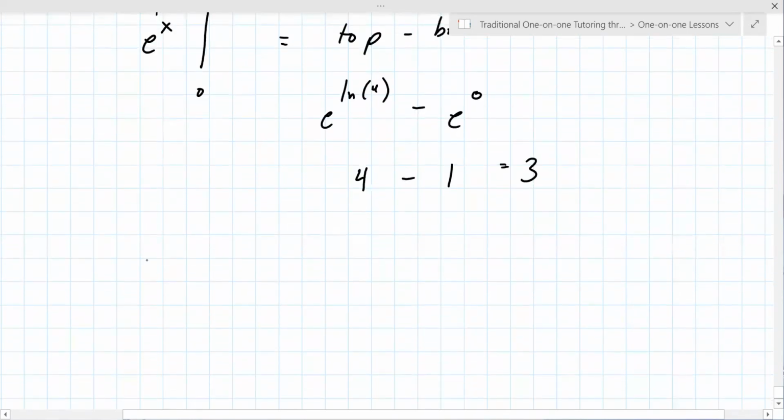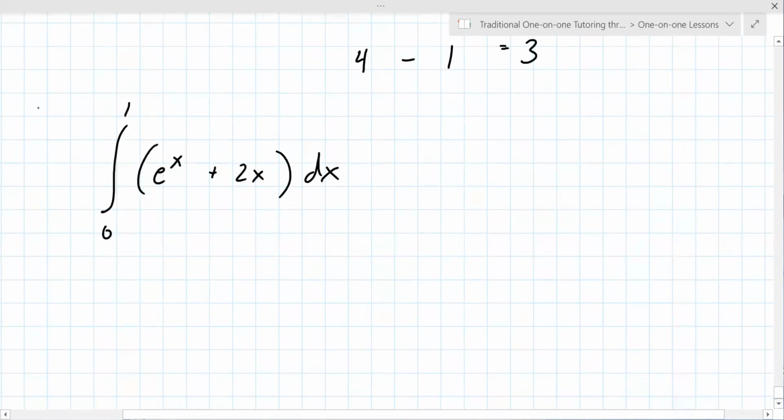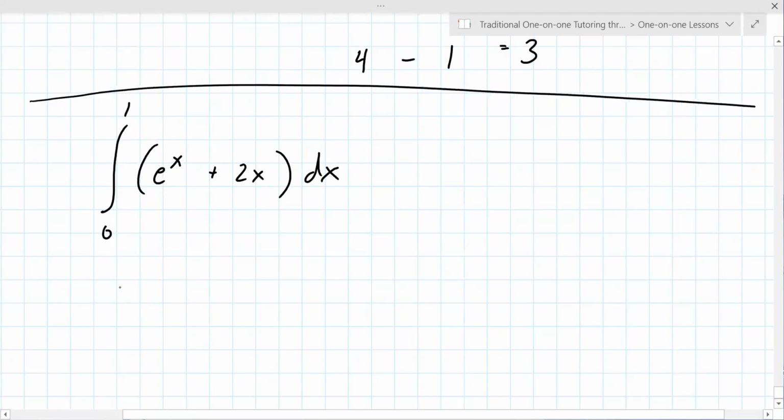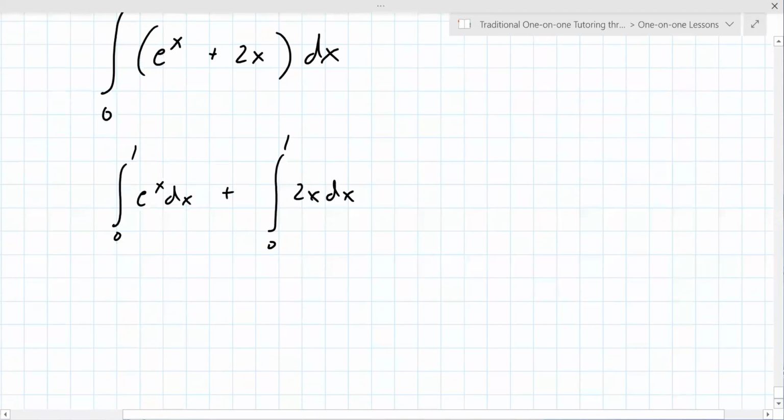Okay, so let's do one more little synthesis here. Let's say it's from 0 to 1 of e to the x plus 2x dx. You break them apart. So you do e to the x from 0 to 1 plus x squared from 0 to 1.